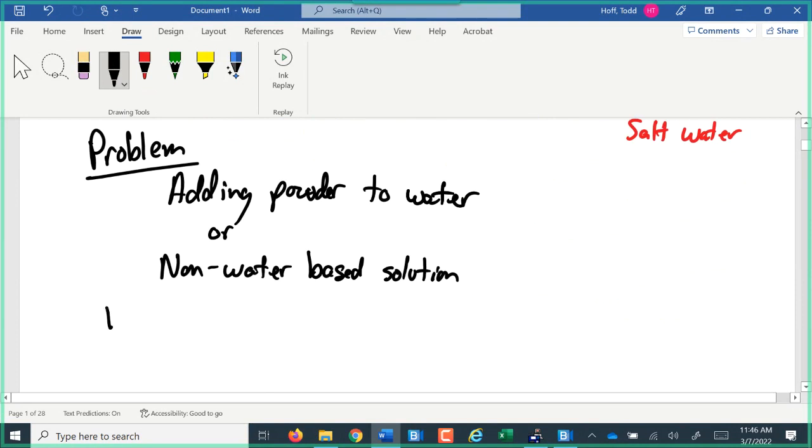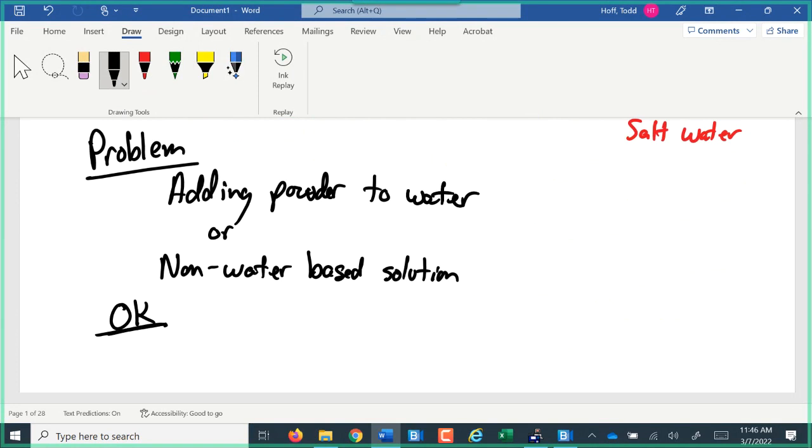Where it is not a problem, and where it's okay, is when it's two water-based solutions.